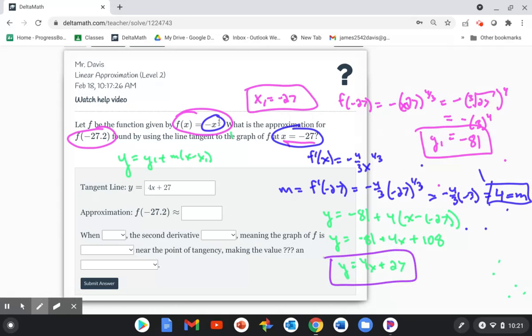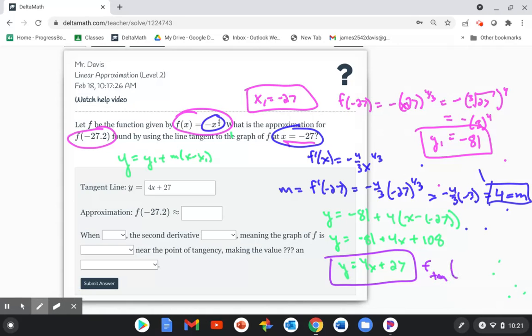Okay, that's probably actually the most intensive part there, right? Once we get that, we can now go ahead and find our approximation. So we'll do f of negative 27.2. I know it is kind of confusing to have all these different f's. So if it's confusing to you, maybe what you could do, I should maybe do this, is write f tan or something.